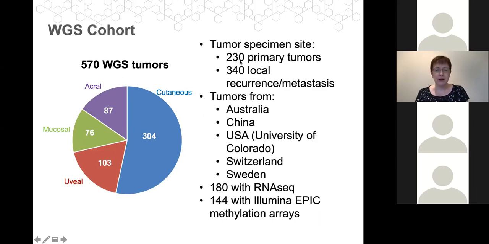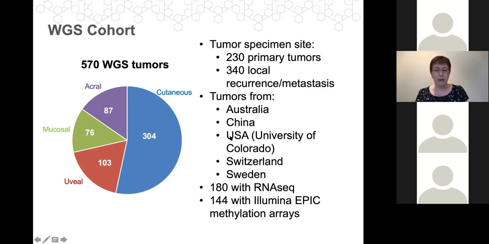Some 230 of our tumours are primary tumours, and the rest are local recurrences or metastasis tumours. As we're an Australian-based project, the majority of our tumours are from Australia, and therefore most of the patients are of European-derived populations. We also have a number of samples from our collaborators in China, and these are mucosal melanoma samples.